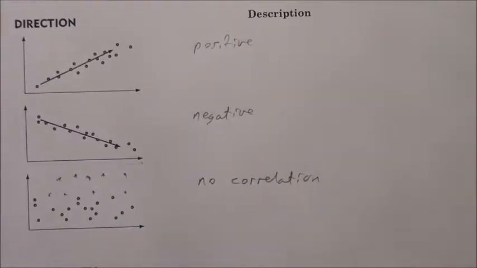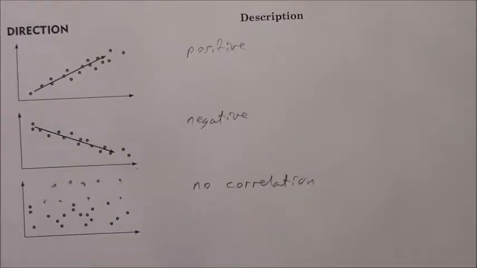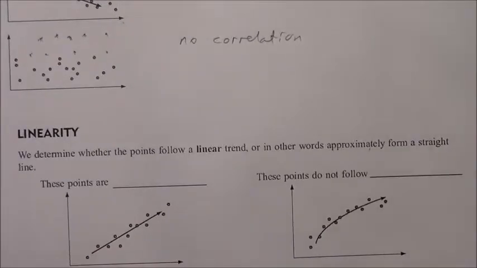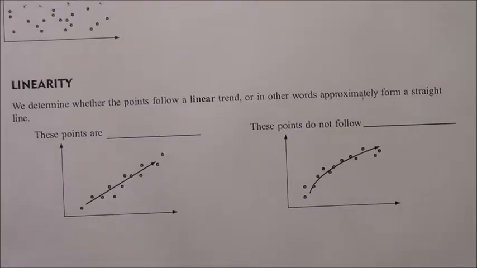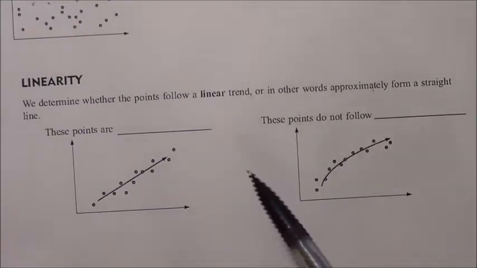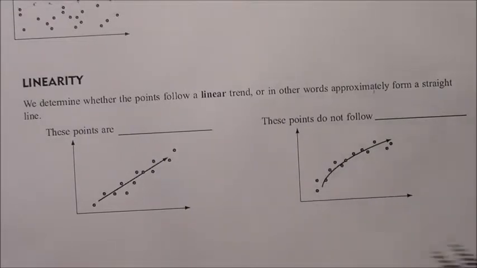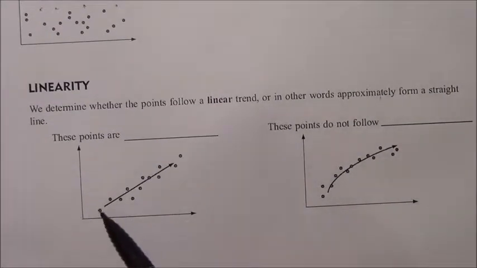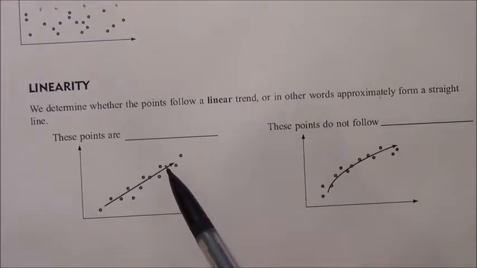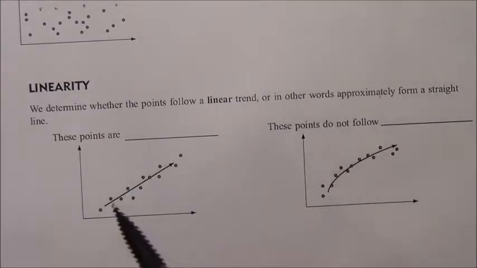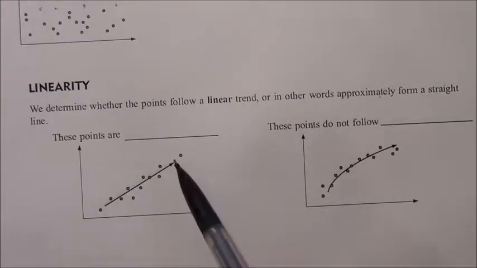Then we move on to what's called linearity, and linearity is what we try to look at in the data points, the scatter plot, to see whether the general trend that we could draw, the best fit line or the trend line, would form a line through it, or would it be a curve?